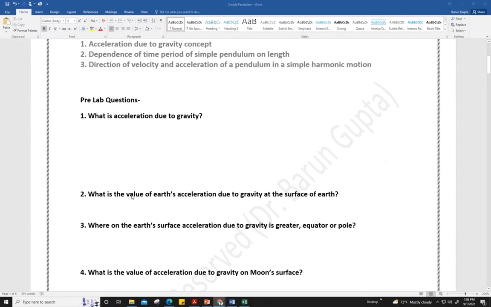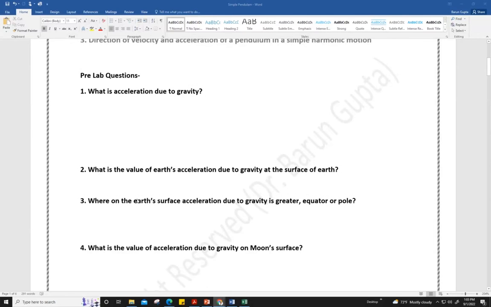Then you have to answer, what is the value of the Earth's acceleration due to gravity at the surface of the Earth? Now if you move to the equator or the pole on the Earth's surface itself, does the acceleration due to gravity change? When is it maximum, when is it minimum, can you identify those things? So answer this question here.